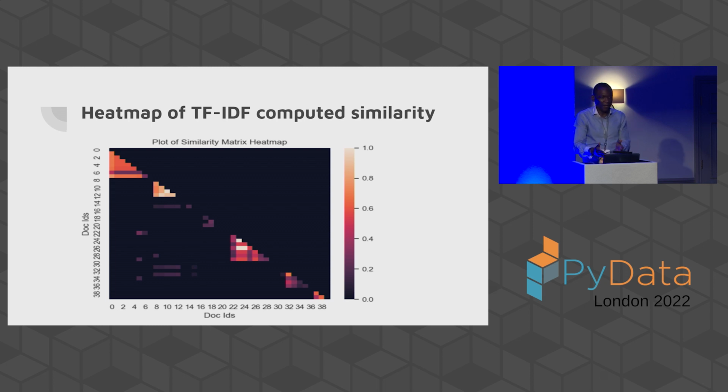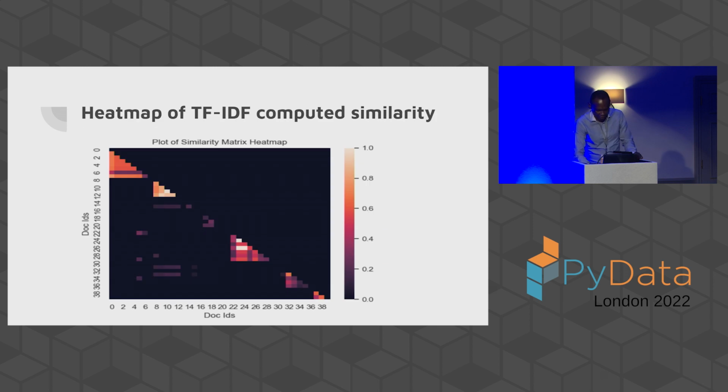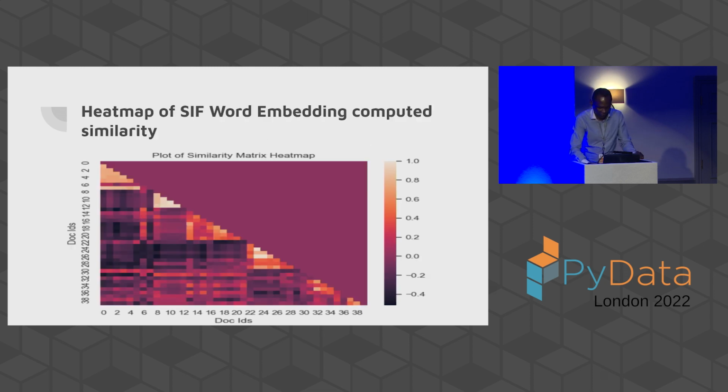You can see bits lighting up where there's similarity, and the bits where it's really dark means that it's not similar. The next one is a heat map using SIF. By the way, this one I showed you earlier is TF-IDF, and I said earlier that TF-IDF is probably the least performing out of the 5. Please don't forget that.